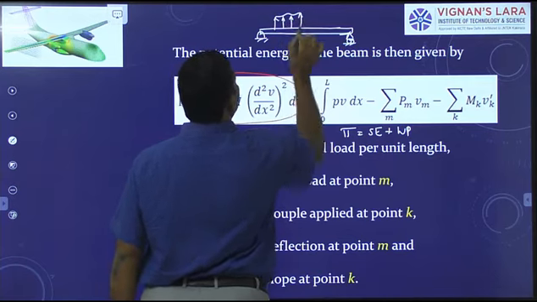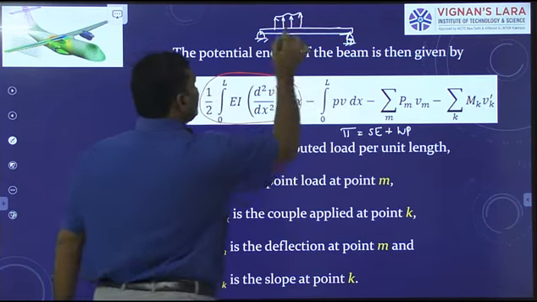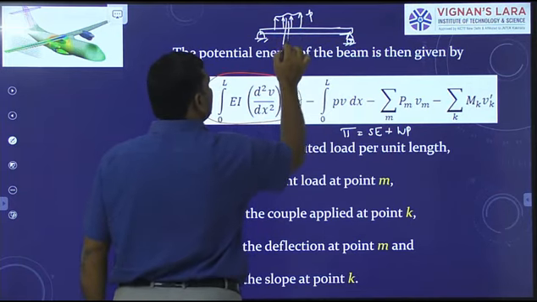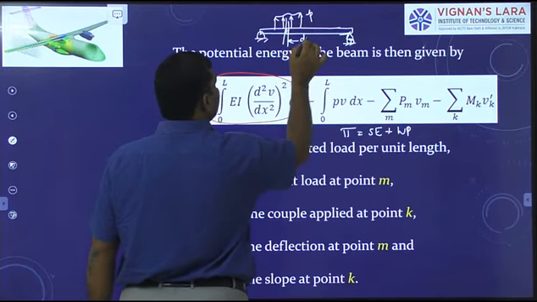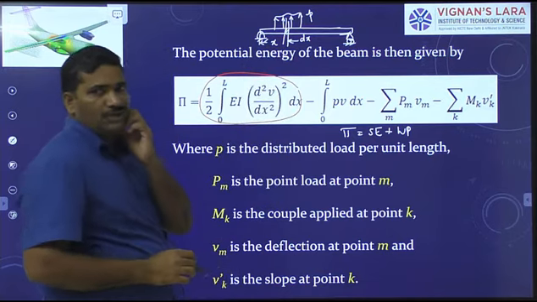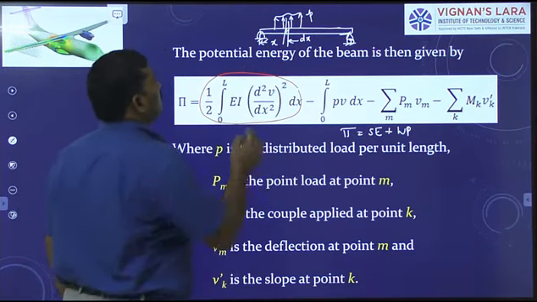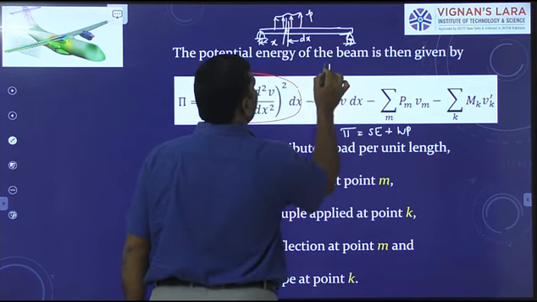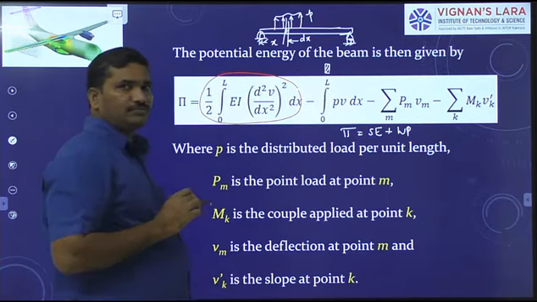What is the load intensity p? We have considered an element of thickness dx, at distance x from the first end. If you isolate this element and draw it separately, this is the element of thickness dx.